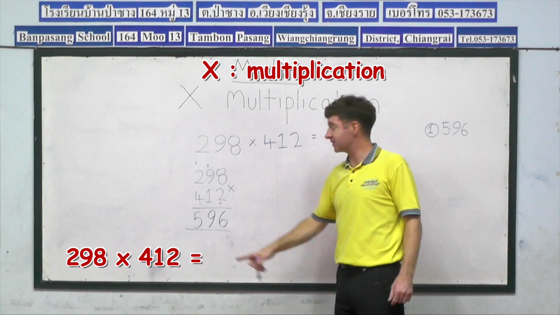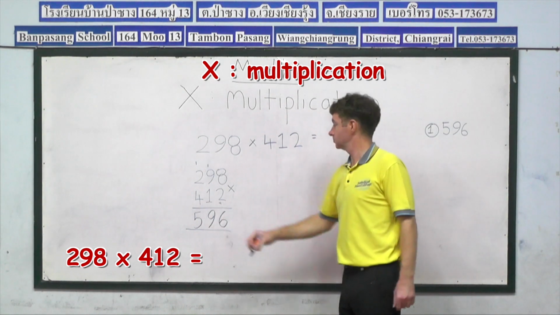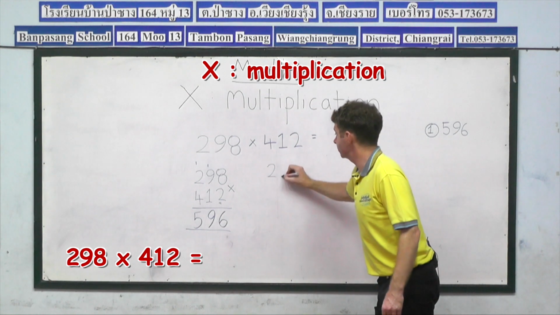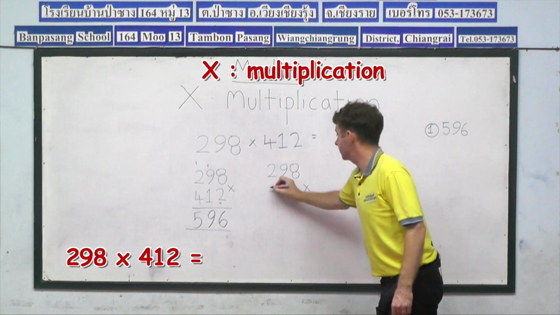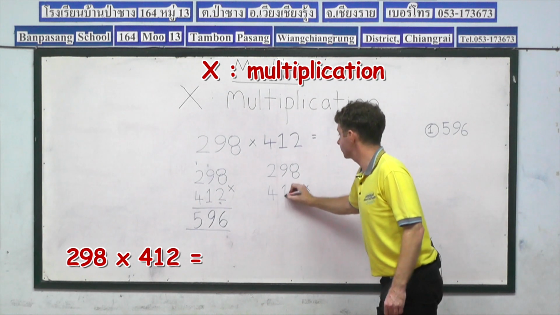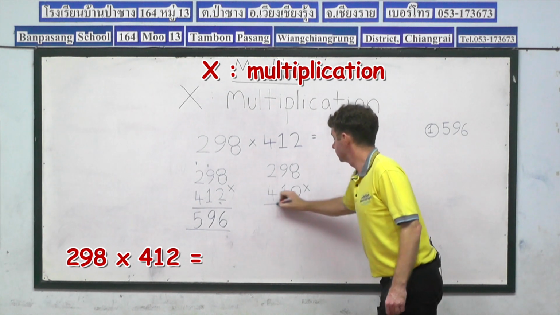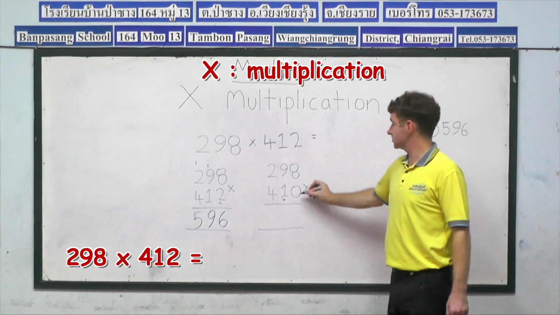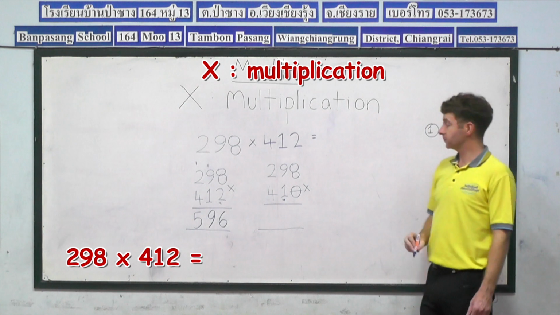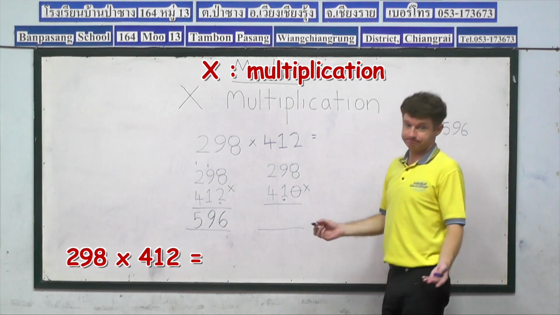Now we move on to the tens column. How many tens can you see? 1. So 298 multiplied by 410. So concentrating on this digit now, the tens. We remove the 0. 1 times 8 equals 8.